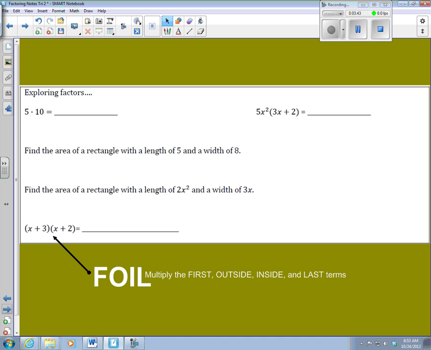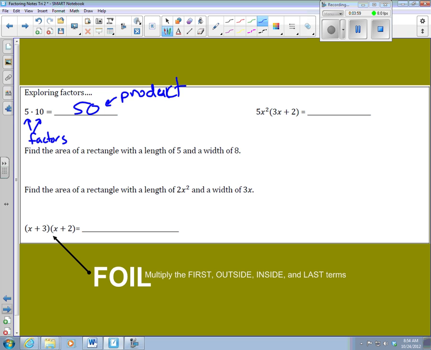Exploring factors a little bit, we're going to work backwards here. 5 times 10, these are what we call factors. And when you multiply 5 times 10, you get 50. This is your product. So basically what we're trying to do when we're factoring something is take a product and pull it apart.